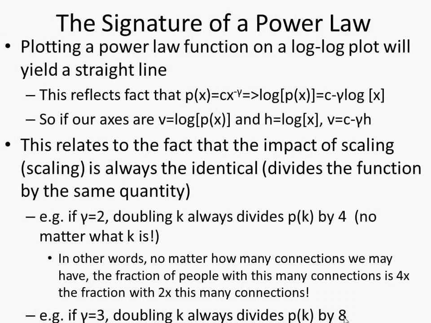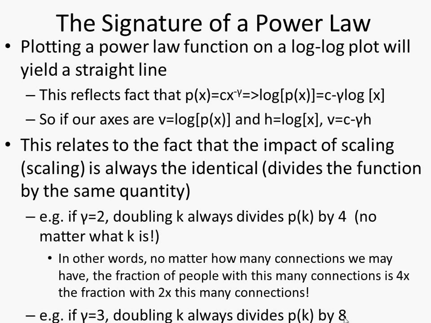So suppose you're dealing with someone who has 1 connection, and now you're considering the number that have 2 connections. Well, if gamma is equal to 2, we double k, and the fraction of the population that has 2 connections would be 1/4 of the fraction that has 1 connection. But the same thing is true for going from 100 to 200 connections.